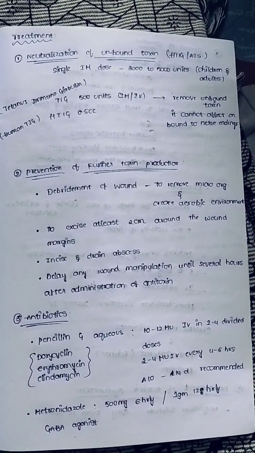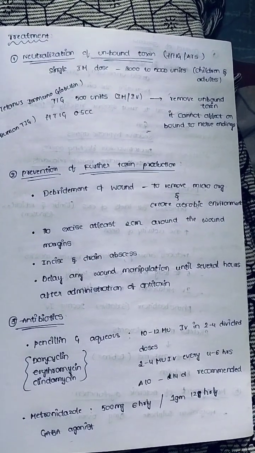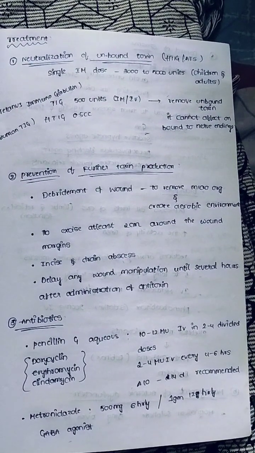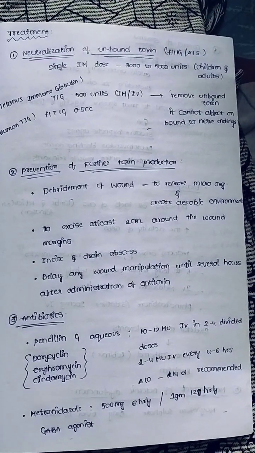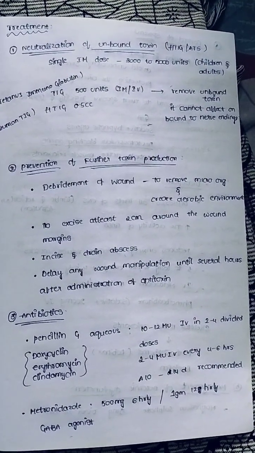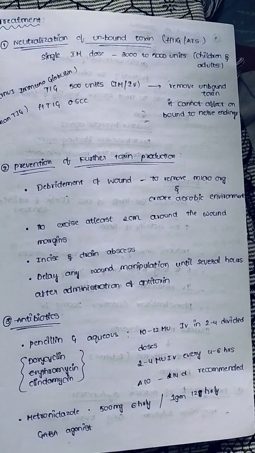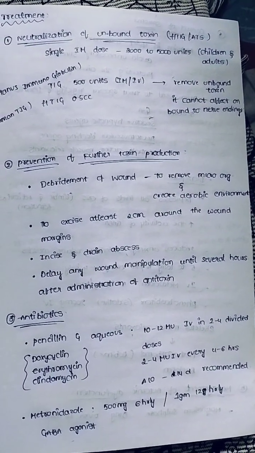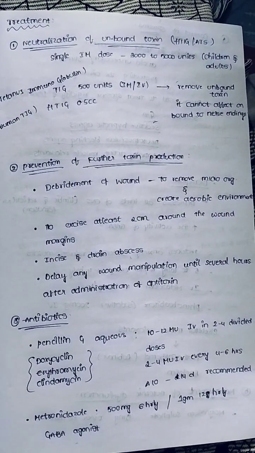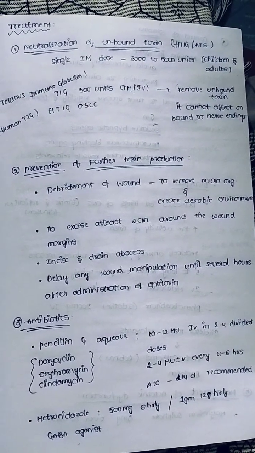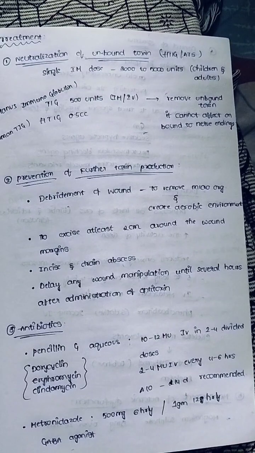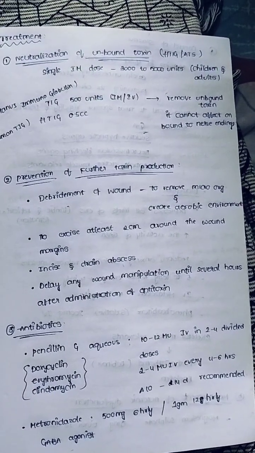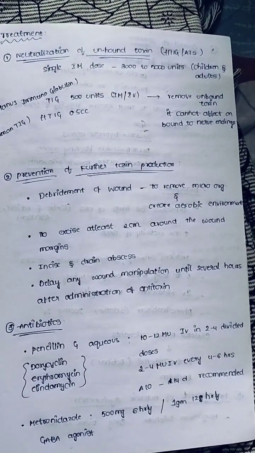The first is neutralization of the unbound toxin using human tetanus immunoglobulin, a single intramuscular dose of about 3000 to 5000 units in children and adults. Tetanus immunoglobulin of about 500 units intramuscularly or intravenously removes the unbound toxin; it cannot affect toxin already bound to the nerve endings.